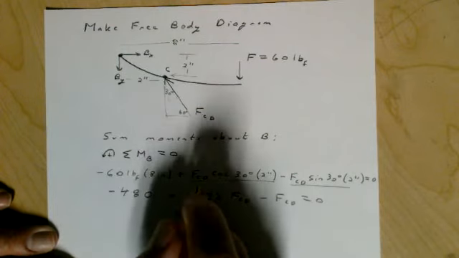So if we sum the forces in the X direction, set that equal to 0. The only force we're going to have in the X direction is going to be BX, and then this component of FCD. That component of FCD is just going to be FCD times the sine of 30 degrees.